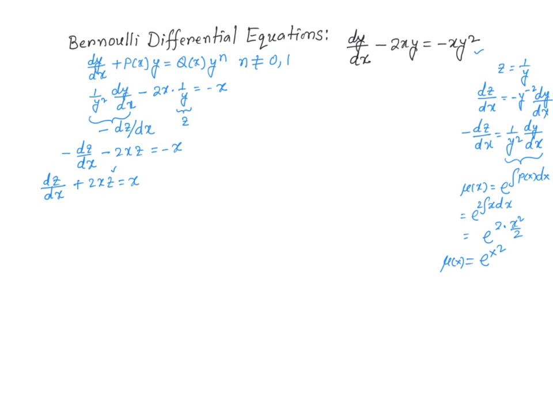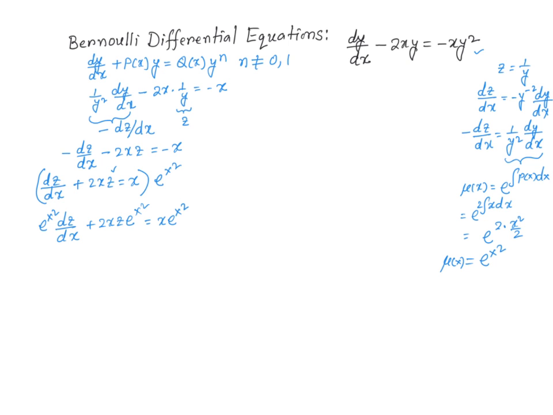Now I multiply both sides of this equation by mu of x, which is e to the power x squared. That's going to give me e to the power x squared dz over dx plus 2xz times e to the power x squared is equal to x times e to the power x squared.